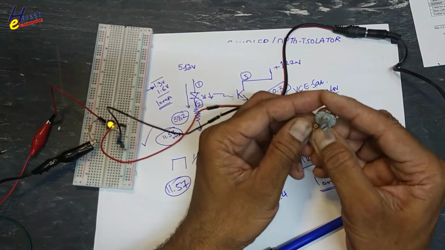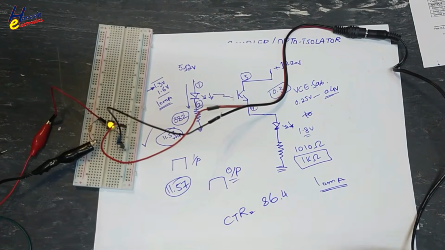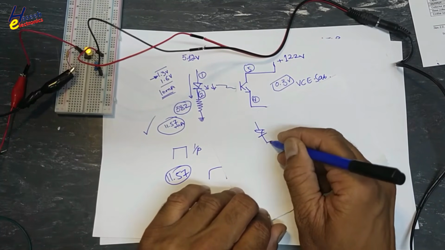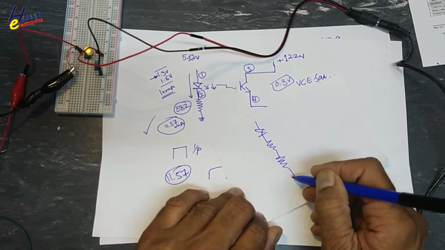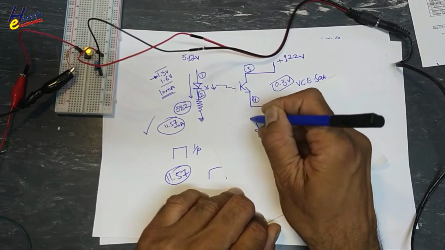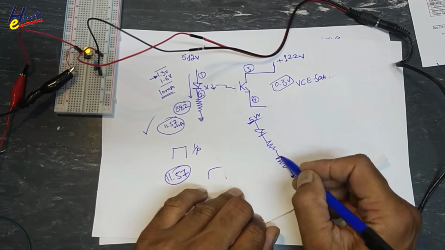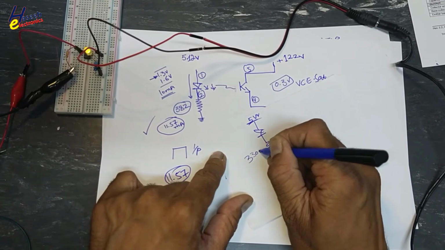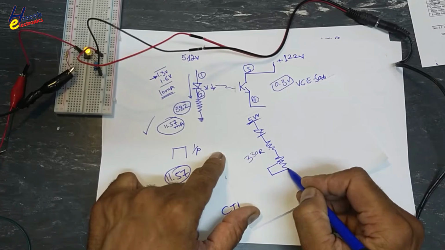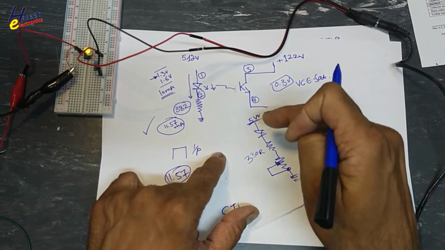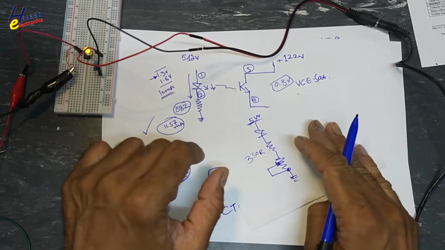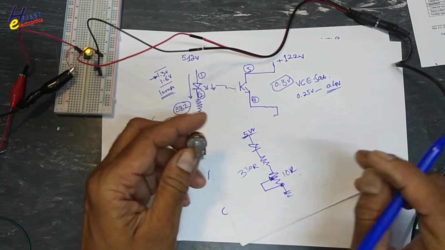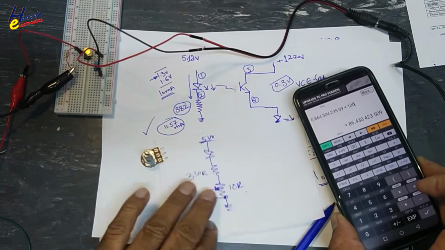If I connect 10K potentiometer here in this channel now, 5 volt here, this resistor will remain same 330 R, and we will add a potentiometer here to control the primary current, forward current. I will use 10K potentiometer.